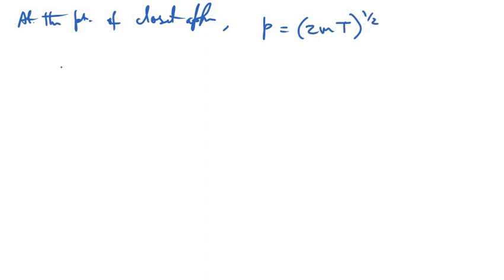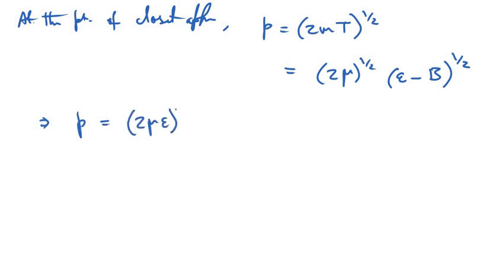Thus, we can write this as (2 mu) to the power half into (epsilon minus B) to the power half. Or we can write p equal to (2 mu epsilon) to the power half into (1 minus B by epsilon) to the power half, where mu is the reduced mass of our system.